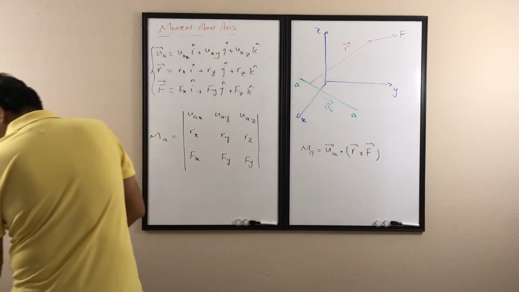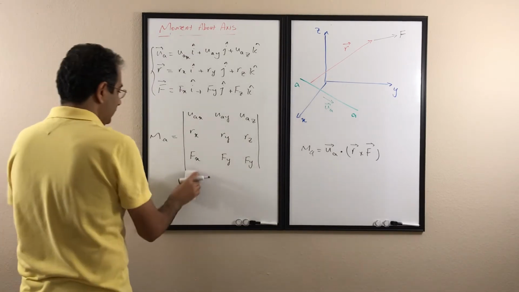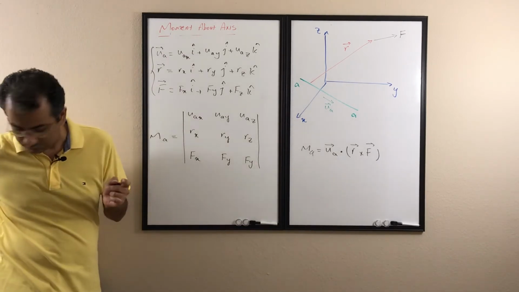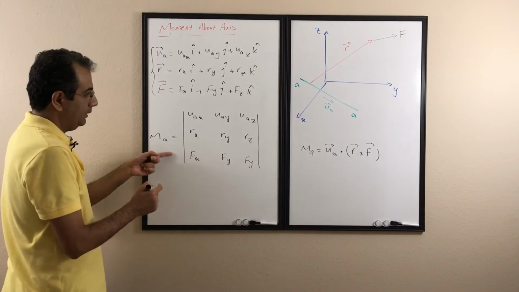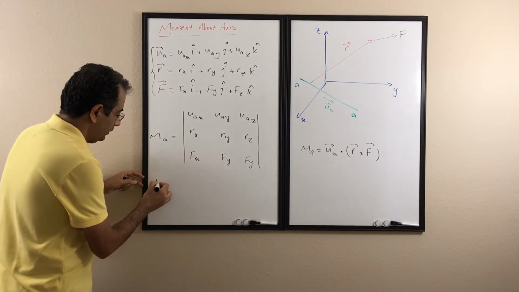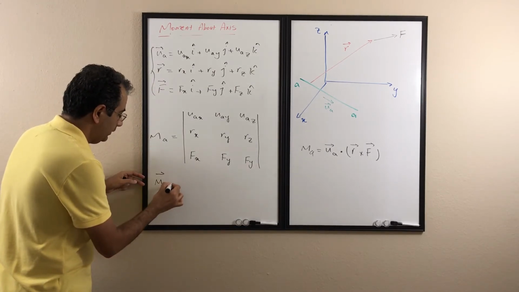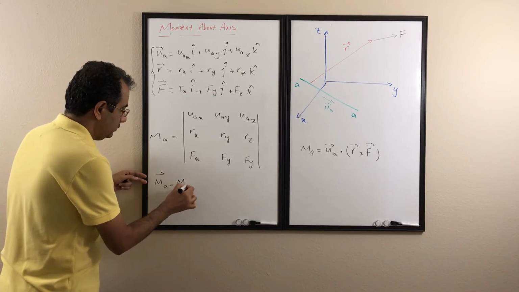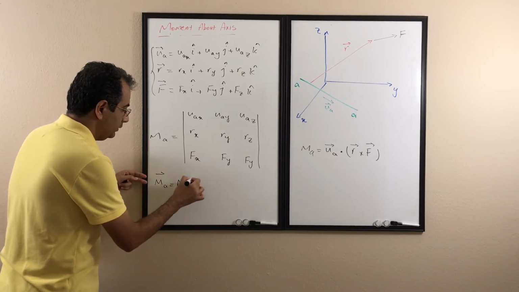So this is the magnitude that you are going to get. It gives you the magnitude of the moment about the axis A, and if you want the vector about A, it is again the magnitude times the unit vector.